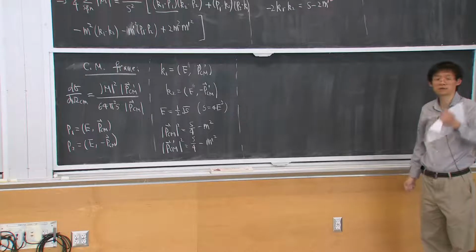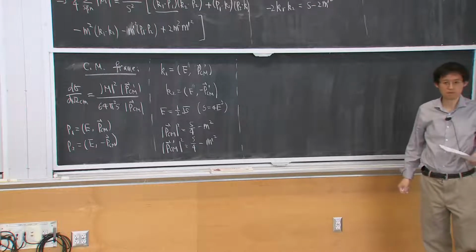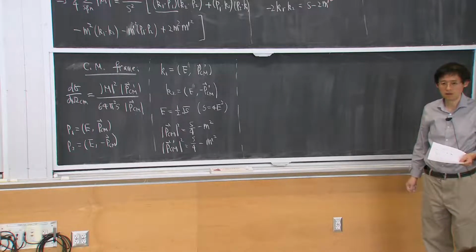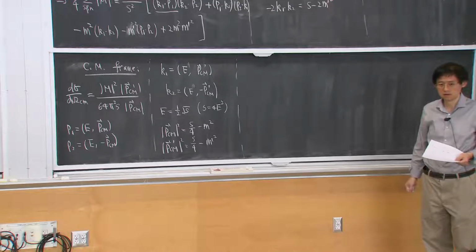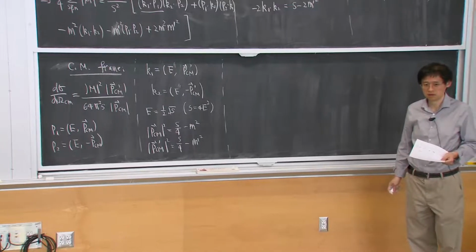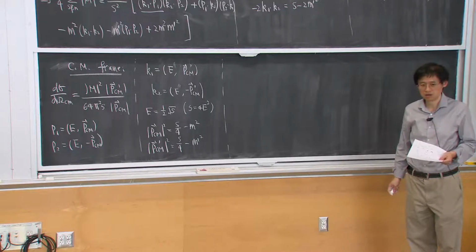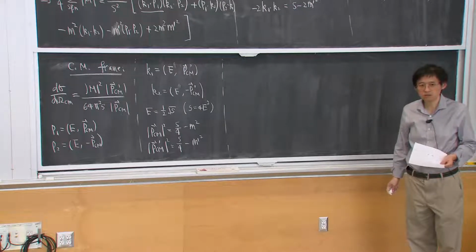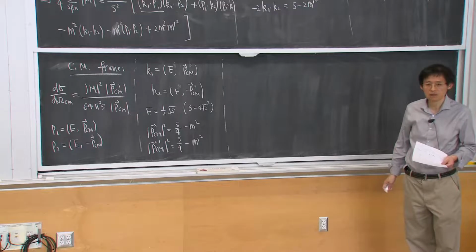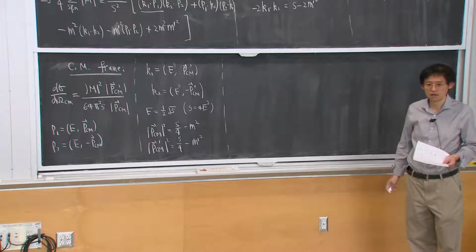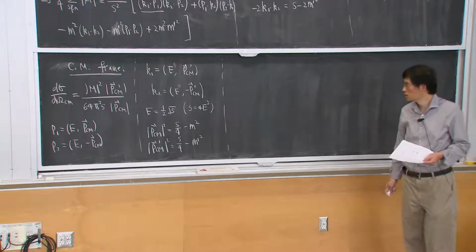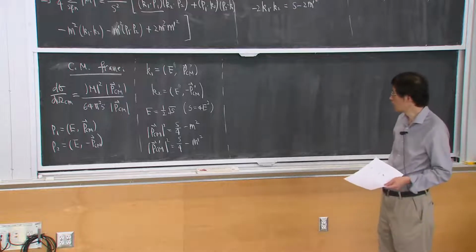Any questions on this? Yes? How do you know that it exactly has to split between two particles? Sorry? So how do you know that the final state particles have to have the same energy? Yeah, because they have the same mass.